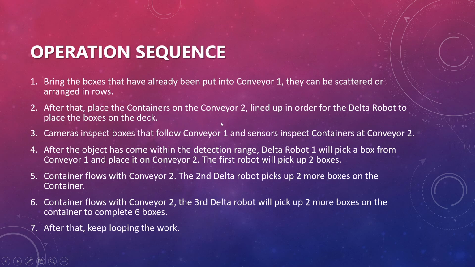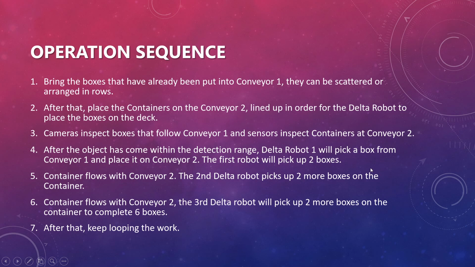After that, place the container on the conveyor to line up for the delta robot to place the boxes on it. Step 3. The camera inspects boxes that follow conveyor 1 and a sensor inspects the container on the conveyor. After the object has come within the detection range, delta robot 1 will pick a box from conveyor 1 and place it on conveyor 2.